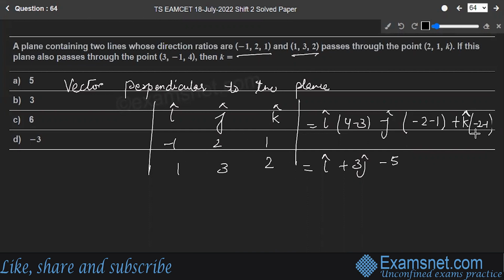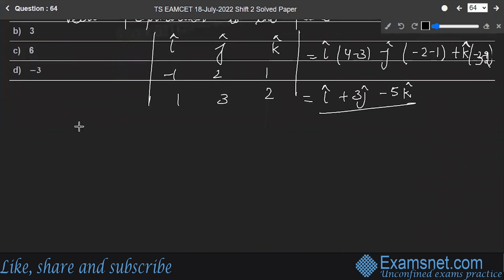So this is the vector perpendicular to the plane. Now the direction ratios of this normal are 1, 3 and minus 5.